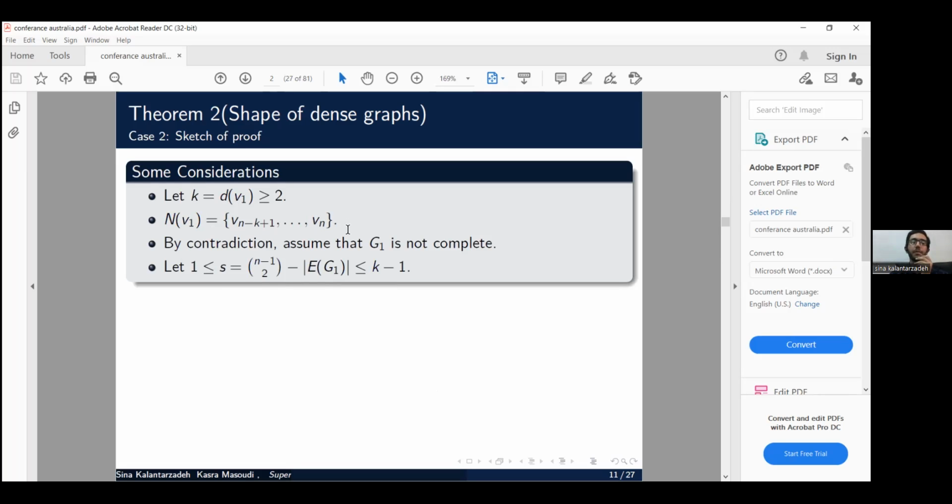Again, by contradiction, we assume that the induced graph on vertices V2 to Vn is not complete, and we let S be the number of edges which have to be added to G1 to turn it into a complete graph.